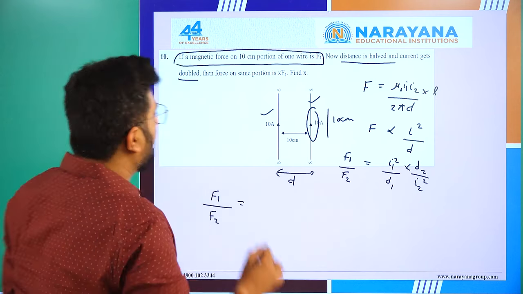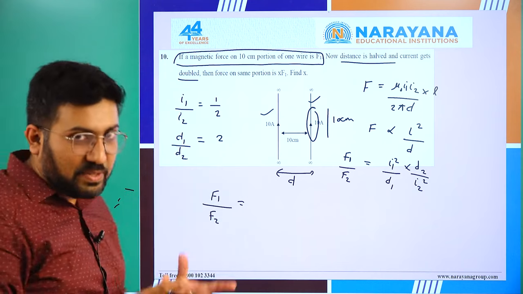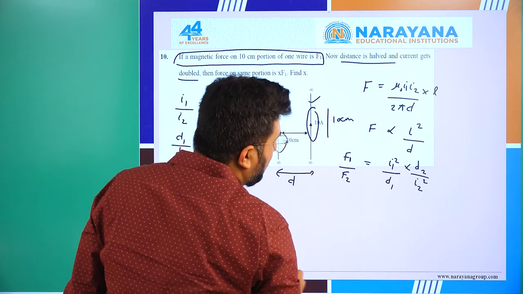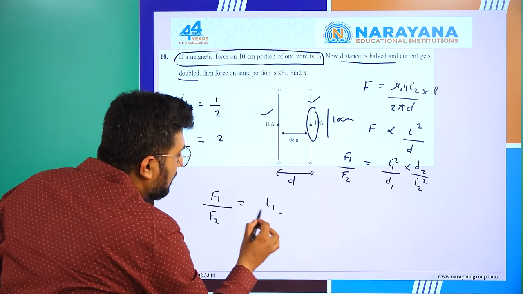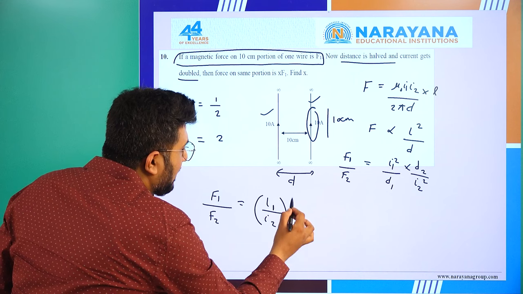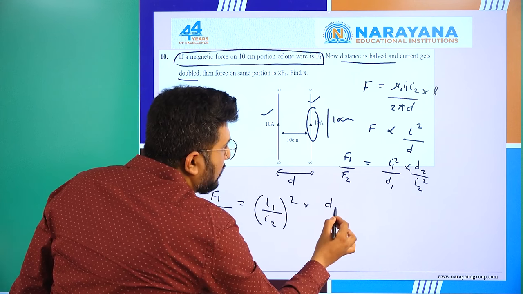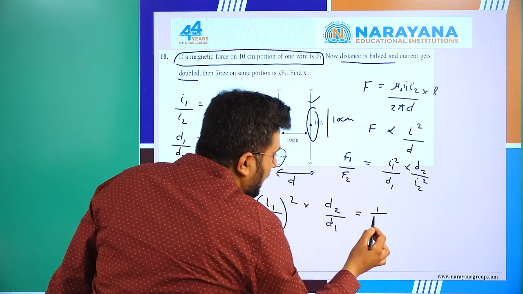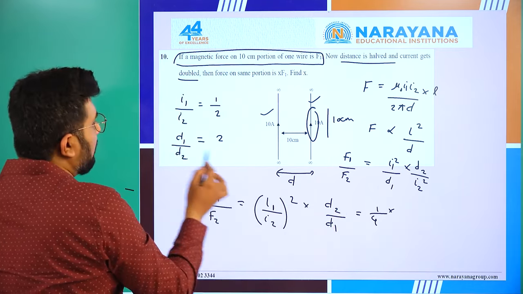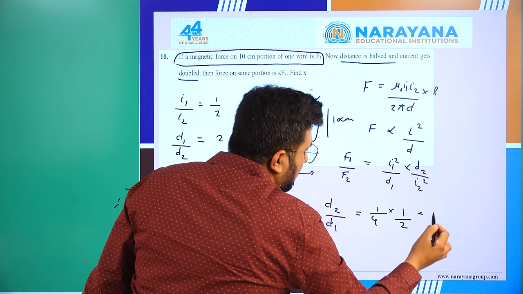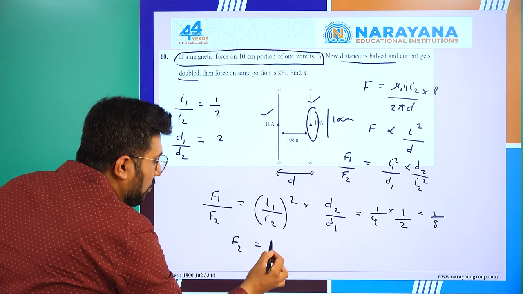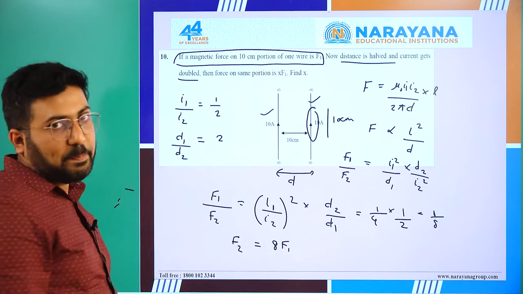That means D1 by D2 is 2, because the new distance is half the old distance. So when I do F1 by F2, I'll get I1 by I2 whole square into D2 by D1. Now I1 by I2 whole square means 1 by 4, and D2 by D1 is half, so that means 1 by 8. So I will get F2 equals 8 F1.